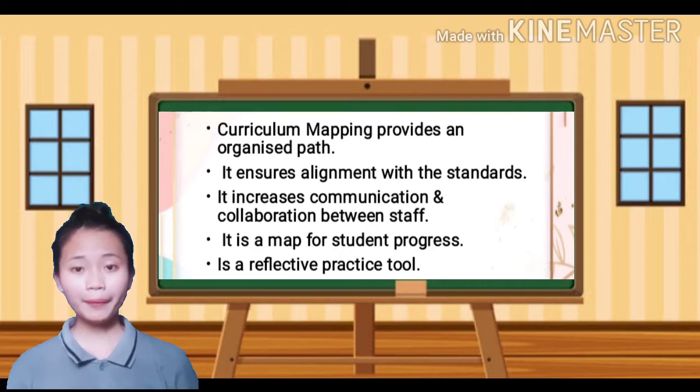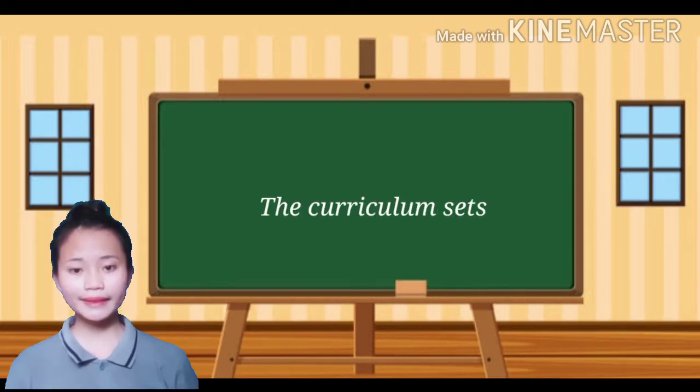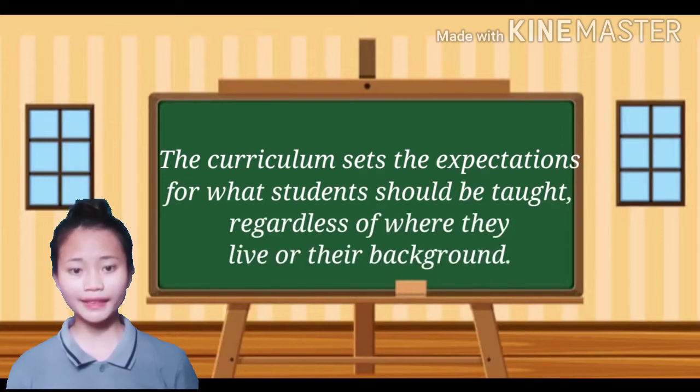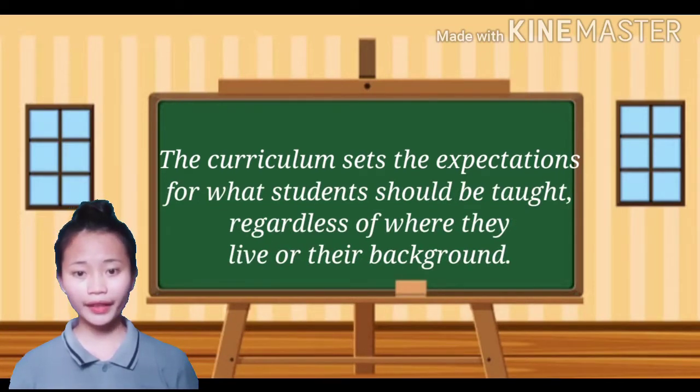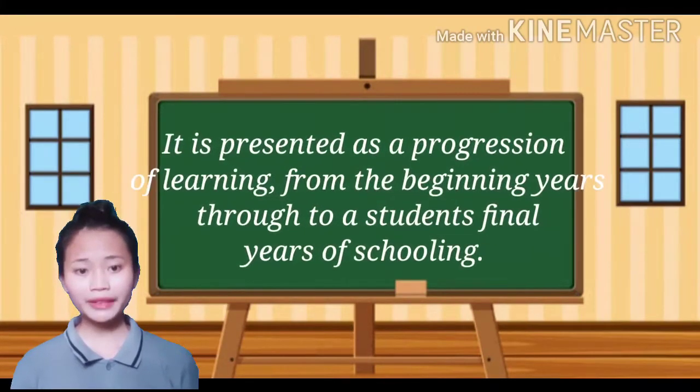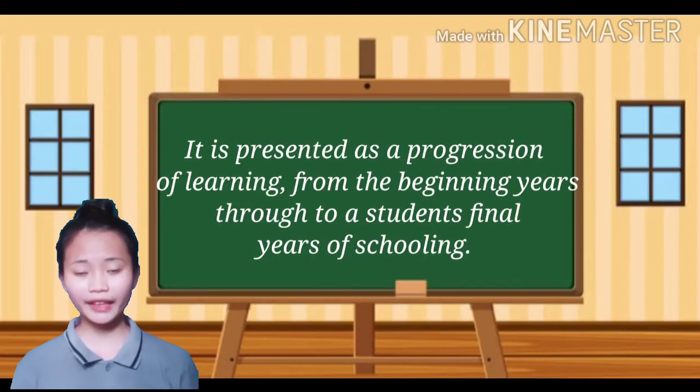First, mapping provides an organized path. The curriculum sets the expectations for what students should be taught regardless of where they live or their background. It is presented as a progression of learning from the beginning years through to a student's final years of schooling.